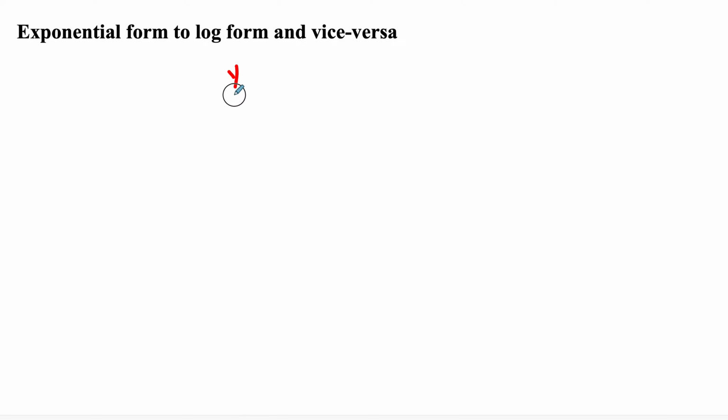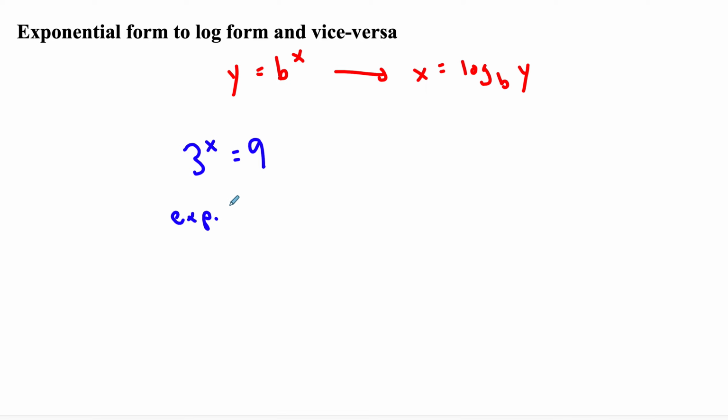So remember, y equals b to the x. The corresponding inverse, if that's the original function, is x equals the log base b of y. So for instance, what if I had 3 to the x equals 9? That would be an exponential equation, so we call that exponential form.